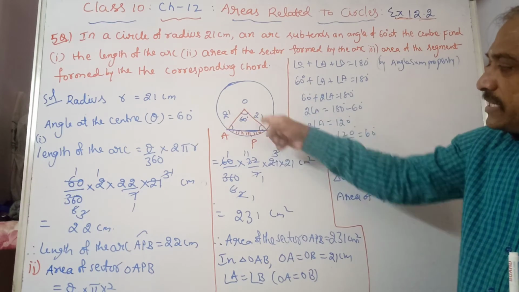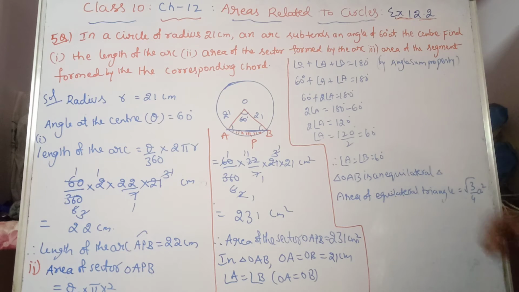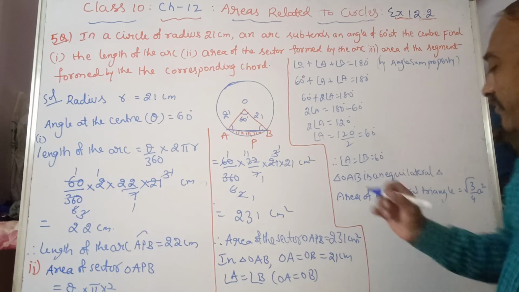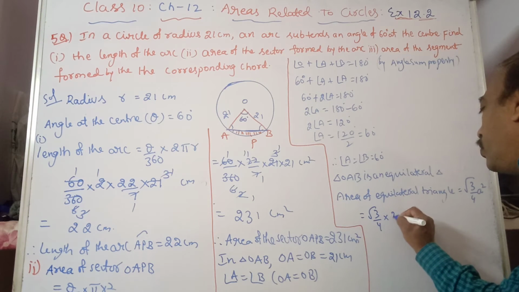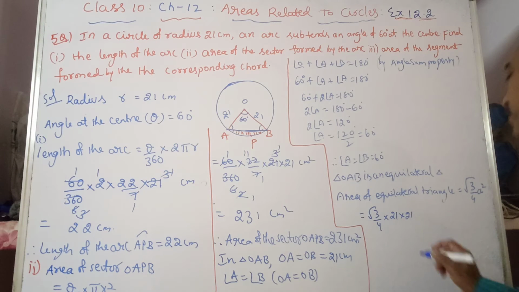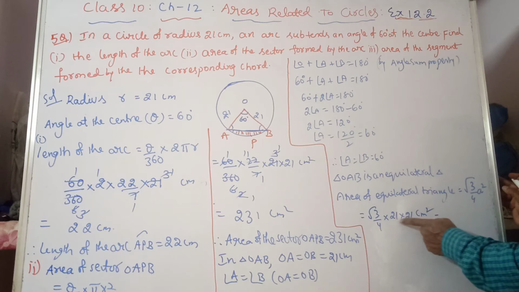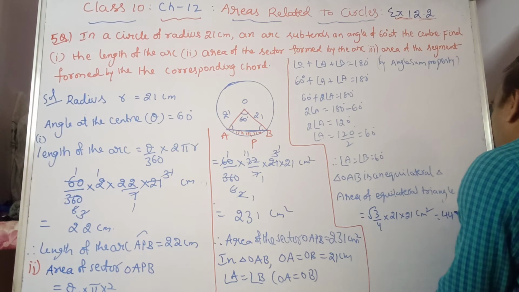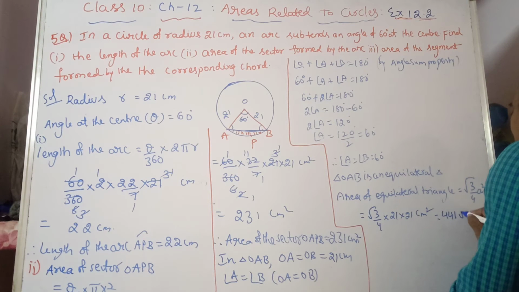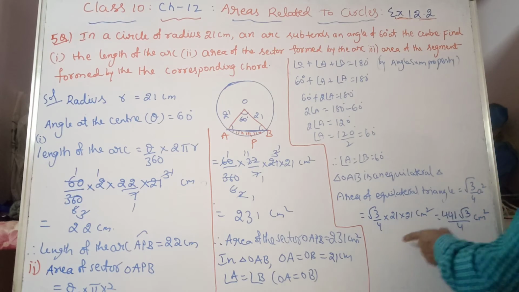This is 21, this is also 21, because we just proved it is an equilateral triangle. So area is root 3 by 4 into 21 into 21 centimeter square, which is 441 root 3 by 4 centimeter square. This is the area of the triangle.